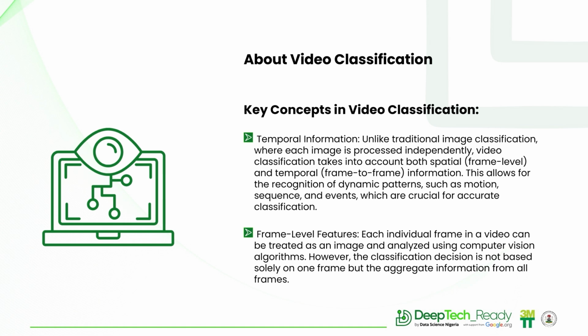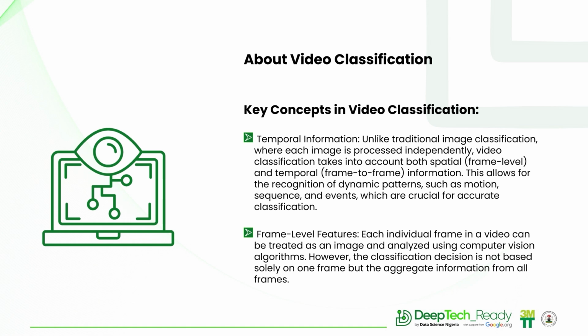So sometimes you might want to take a particular frame, do your detection, do your prediction, then use the information you've gathered across the frames to make a decision with respect to what was embedded in the video. Quite a number of people do that a lot with respect to video classification and video processing. All right, let's keep going.